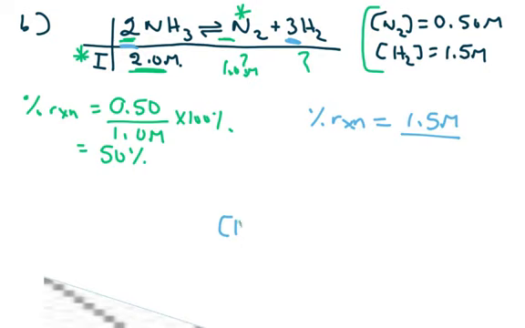So if I wanted to know the concentration of the H2 using the concentration of the NH3, I would set up what am I looking for equals what do I know, and then I'm multiplying by that conversion factor, which is the coefficients. So the 3 H2s go on top. I'm looking for H2. The 2 NH3s go on the bottom, since that's what I want to get rid of here.